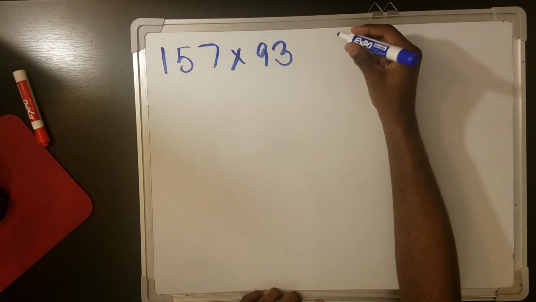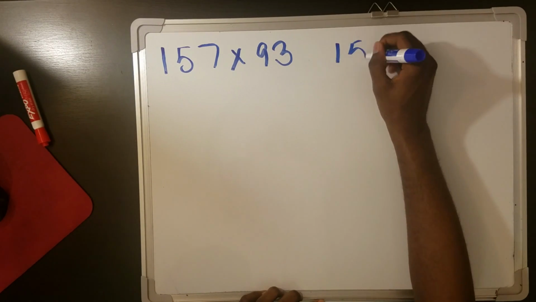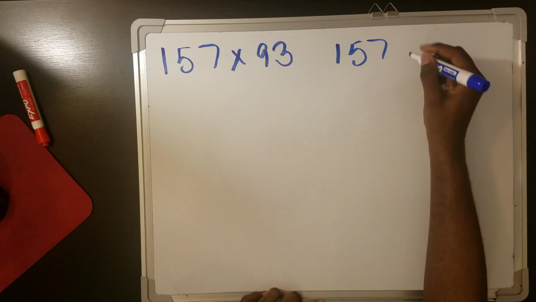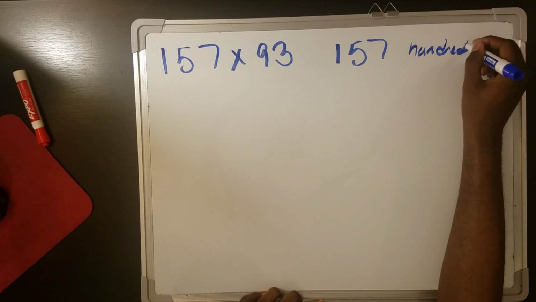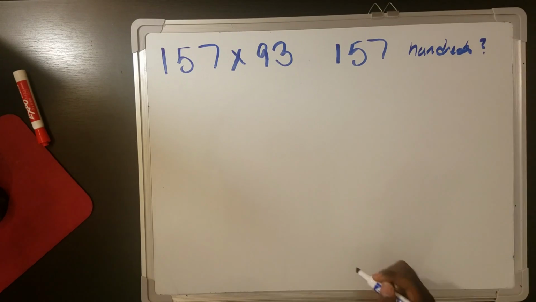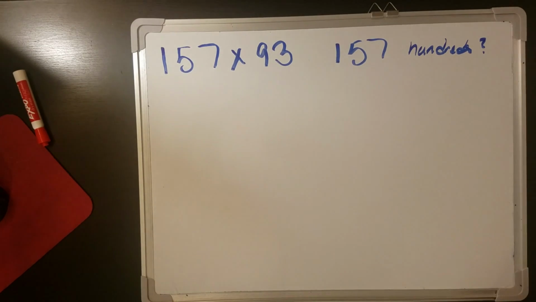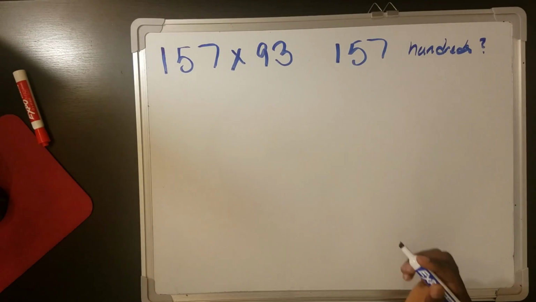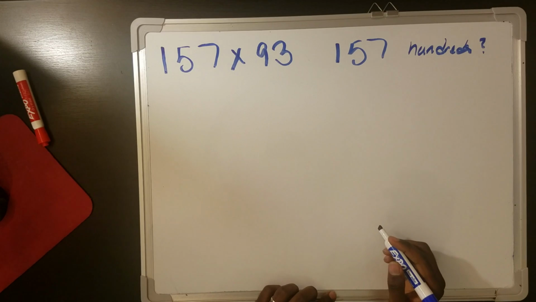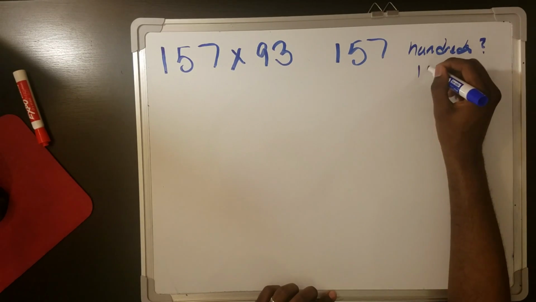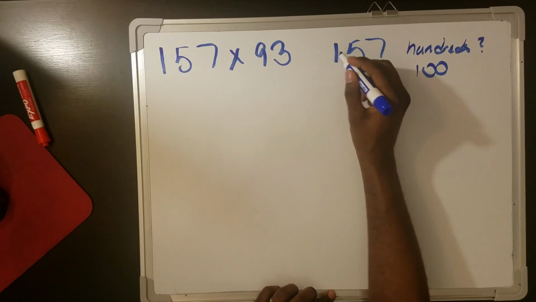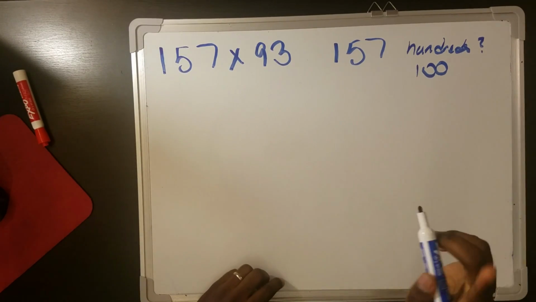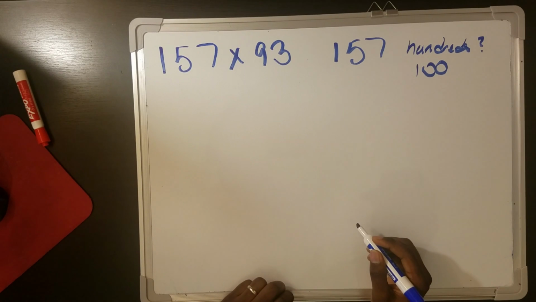Let's look at this 157. Does it have a hundreds place? Yes, it actually does. Our first question that has a hundreds place, right? How many hundreds do we have? We just have one. It's a 1 here in the hundreds place, which lets us know we have 100.